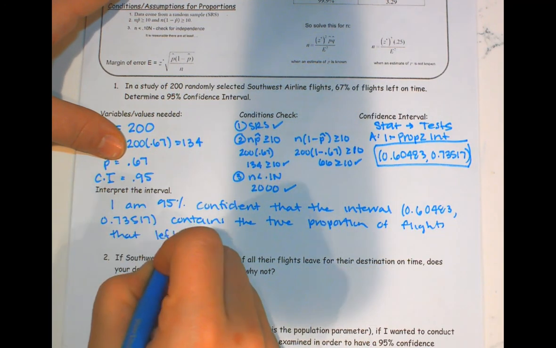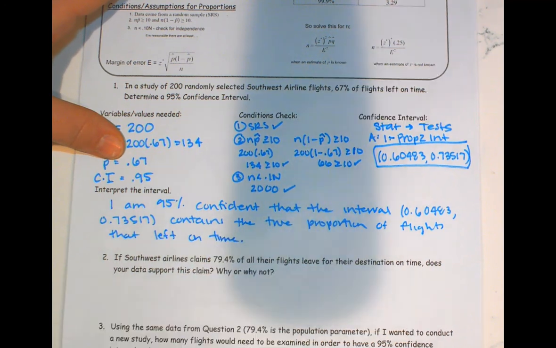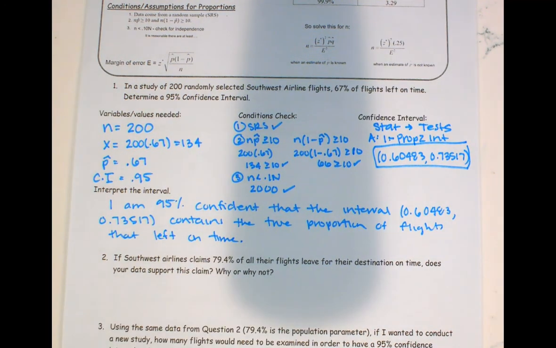We always want to tie this back to the problem that we're solving, put some context to it, so that someone doesn't necessarily have to read the problem to know what our results are.